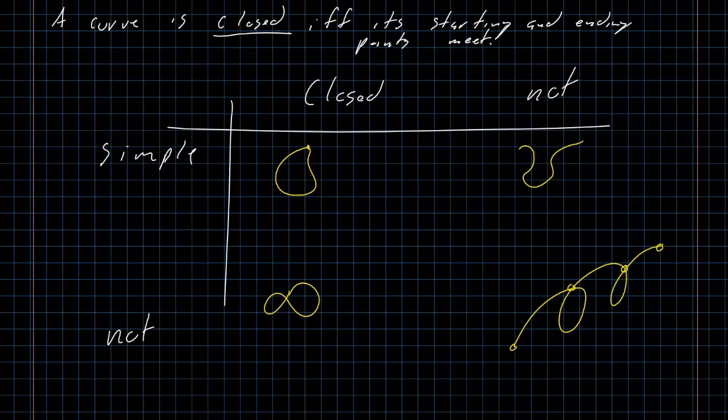When you have a curve that is simple, it makes doing calculus easier. When you have a curve that is closed, you get some really powerful results when you start to think about trying to do path integrals.